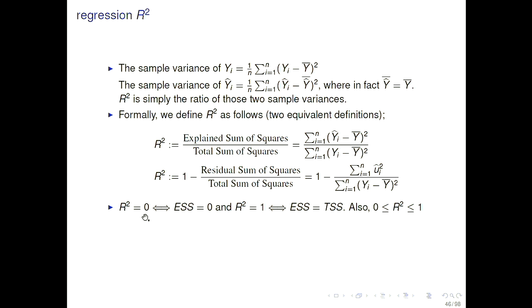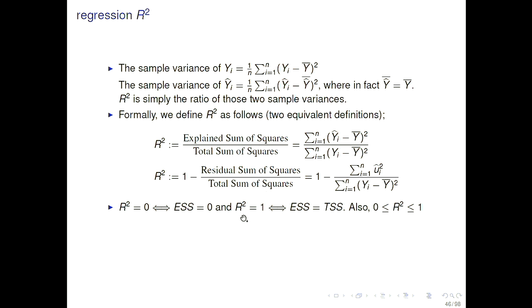If R squared is 0, then this numerator is 0. So your sample regression function doesn't explain anything about the left-hand side variable. So there's no explained part.